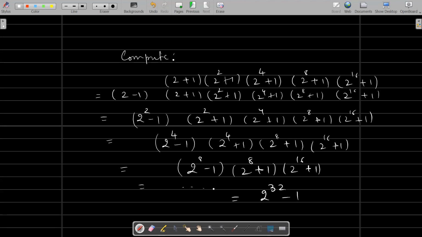Has anybody done it in any other way, any trick, those who have got answers? If you want, you can simplify that 2 raised to 32 also, but let me keep it in this form itself. Shall we go ahead?